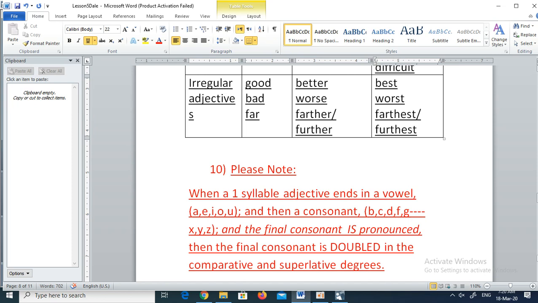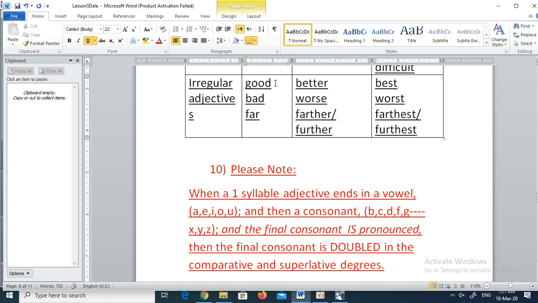These are 3 very important adjectives. You do need to know them, you do need to memorize them, and you do need to remember them for a test. So the first of those very important irregular adjectives is good.